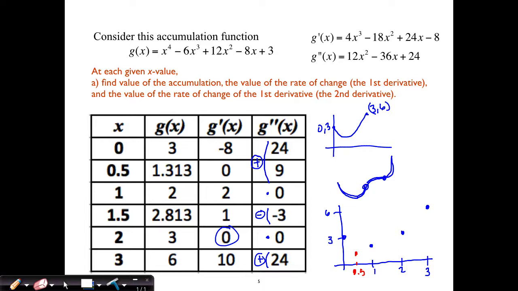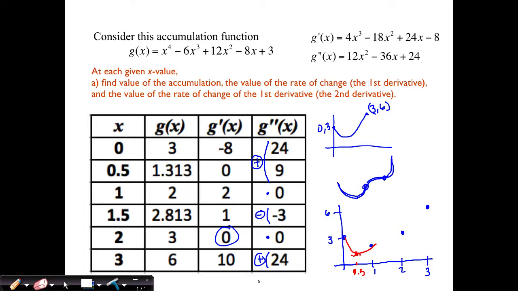But my graph, then I know it goes down. It actually hits a 0 slope, or an essentially constant rate of change at this 0.5 x value. And then it's increasing by the time I get to this point here. So I'm going downhill and then uphill, not as steeply uphill here as I was at the beginning, going downhill.